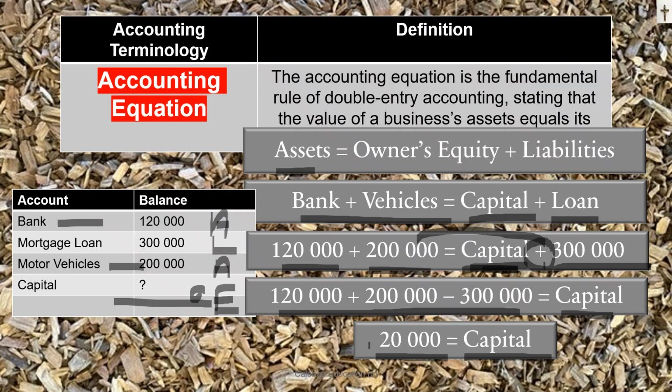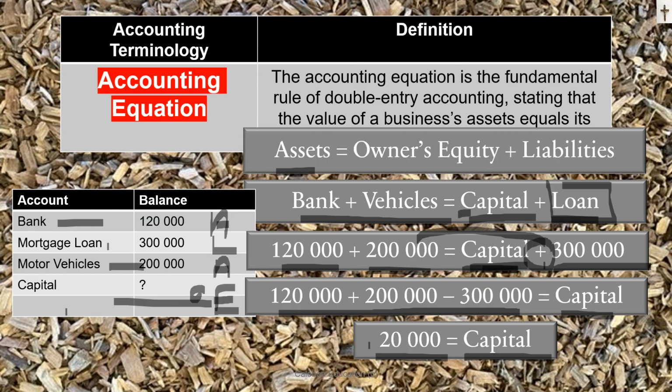Now if you're given a question like this, you can get a whole list of account balances and then you solve for the unknown. They could have said solve for mortgage loan, then you would have had loan as the unknown on its own, and they would have given you the capital amount.